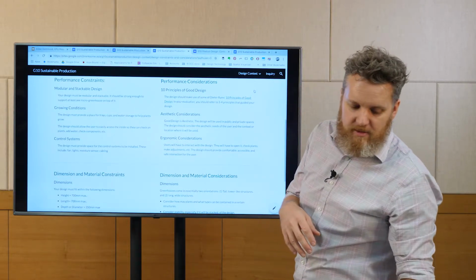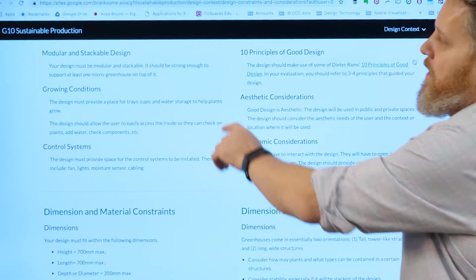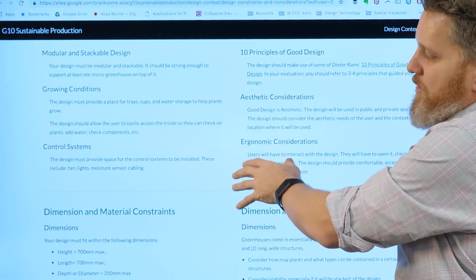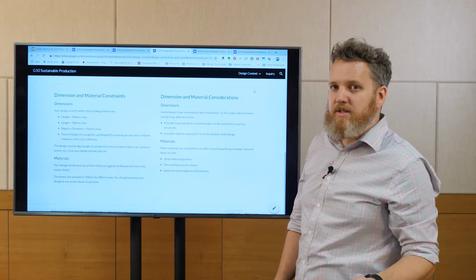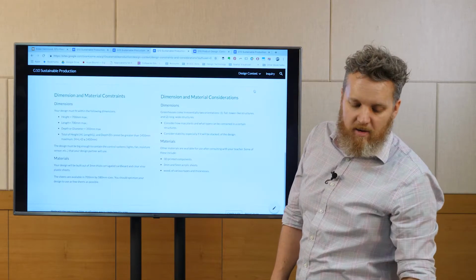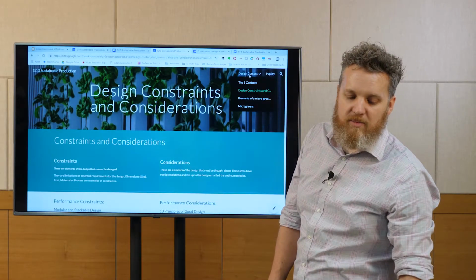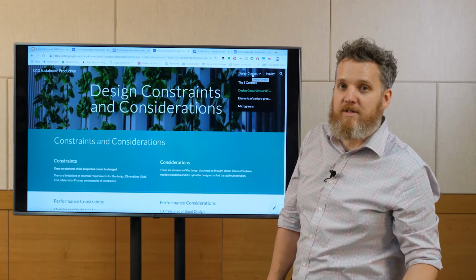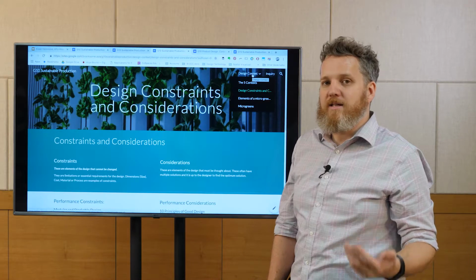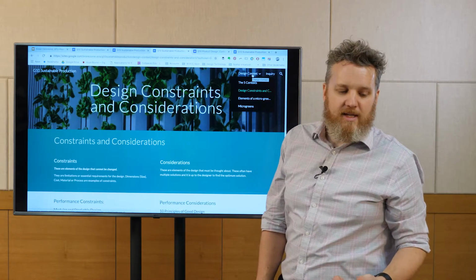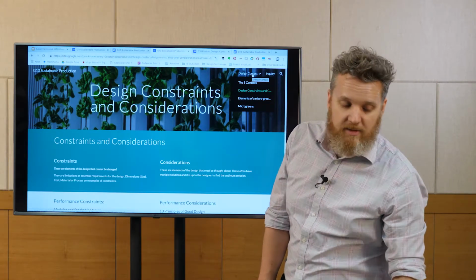We also had certain constraints in terms of what this product needed to do, how big it could be, what kinds of materials they could use, things like that. All of that information we present to the students so that they can understand what it is that they're engaging in and all the tools that they need to do that successfully.